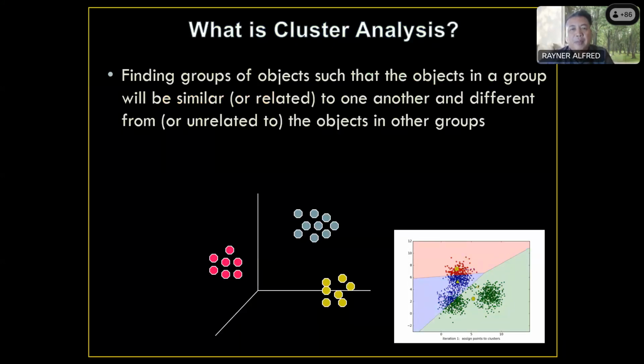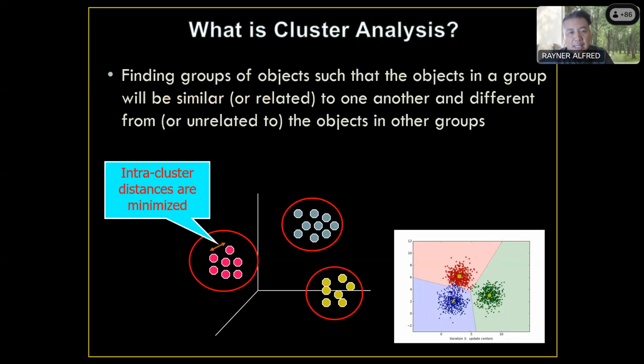So when we talk about clusters, we always talk about the quality of the cluster. Okay, what is the best clustering result that we could have? So we normally talk about the compactness, how compact they are. This is what we call the intra-cluster distance, which should be minimized because you want to have a very, very compact cluster.